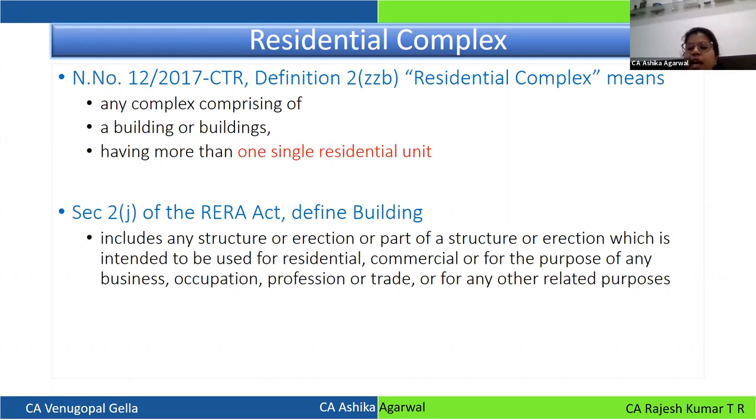Otherwise, it will be outside of it. If it is not pure labor, meaning where there is a composite supply of material plus labor, then it's a works contract. If it's not a single residential unit, even though it's pure labor, then the GST rate is 18%. And if it is a residential complex, then also the GST rate is 18%.